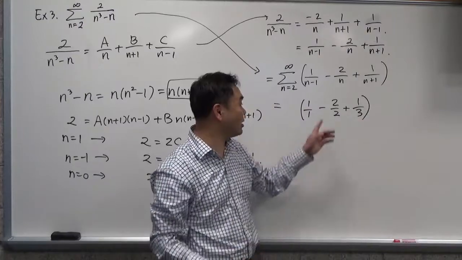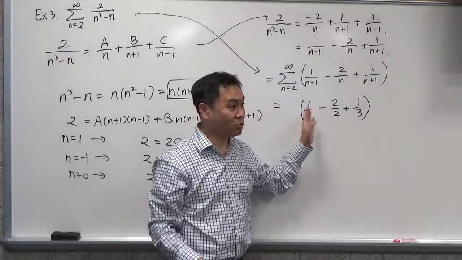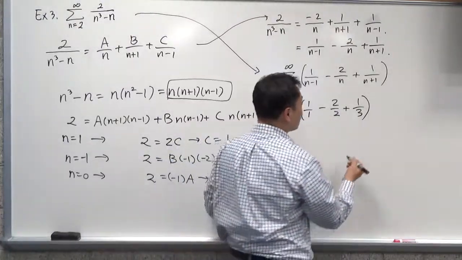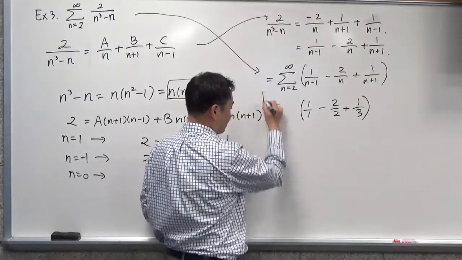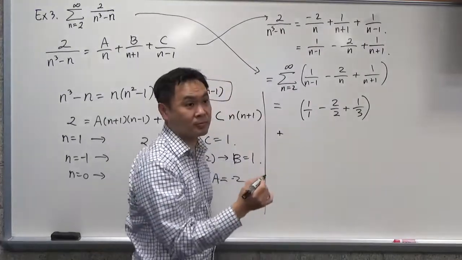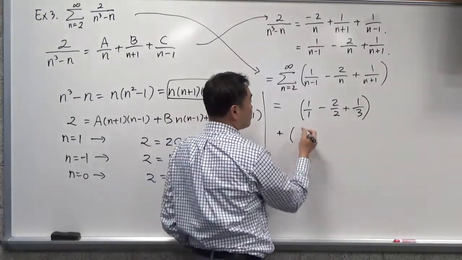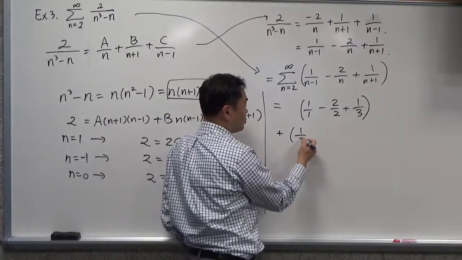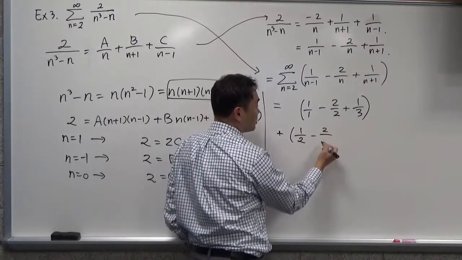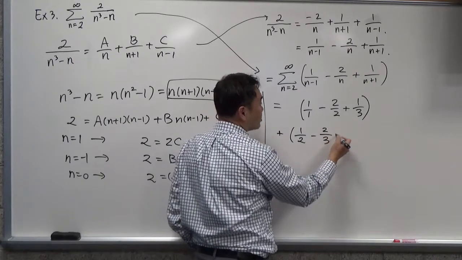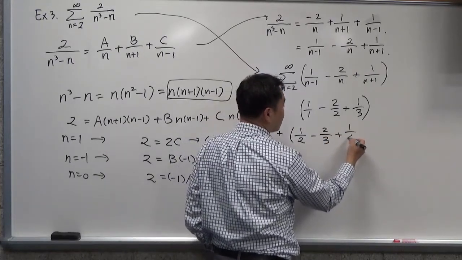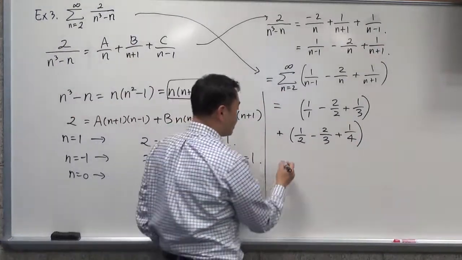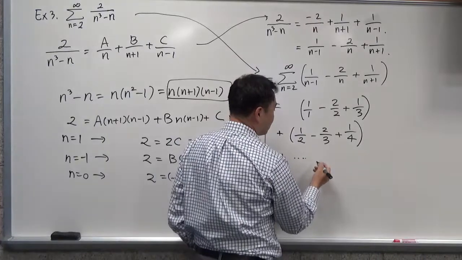And you don't want to simplify the 1 here, because you really want to see the pattern. Okay, so what's the next term? n equals 3. Yeah, so n is 3, then what do you get? 1 over 2 minus 2 over 3 plus 1 over 4, right? And then so on and so on.